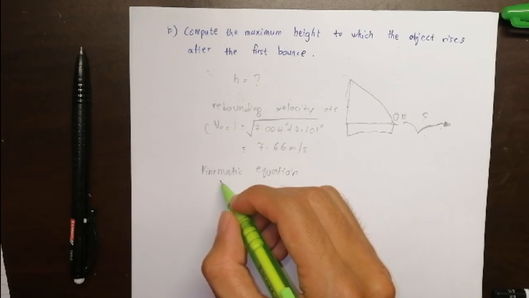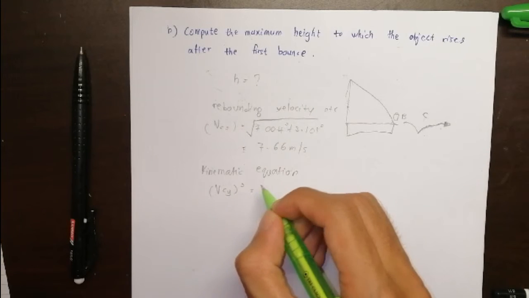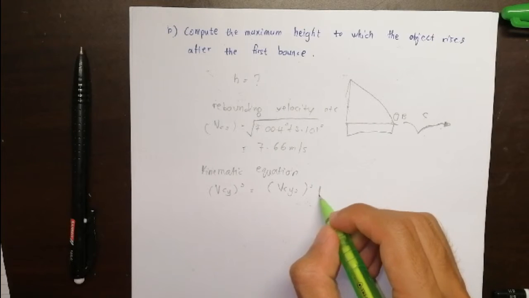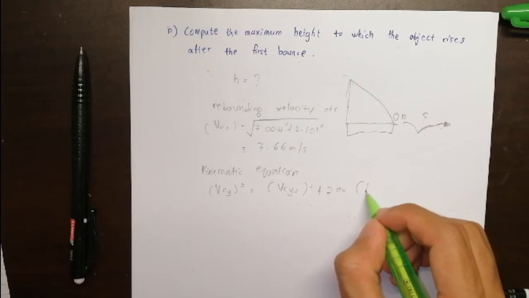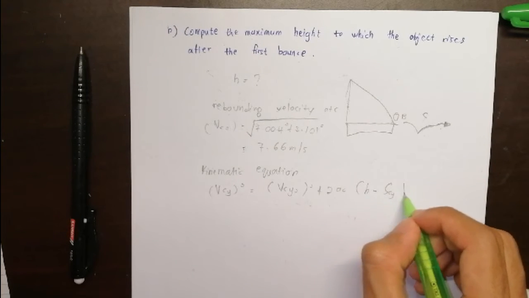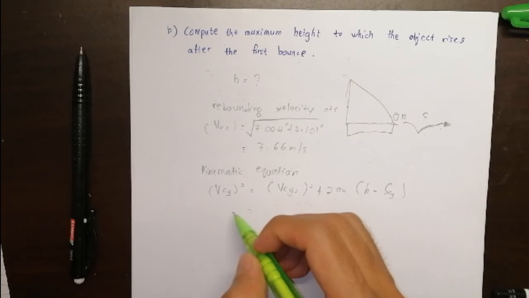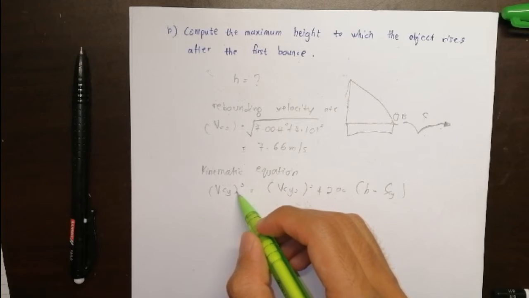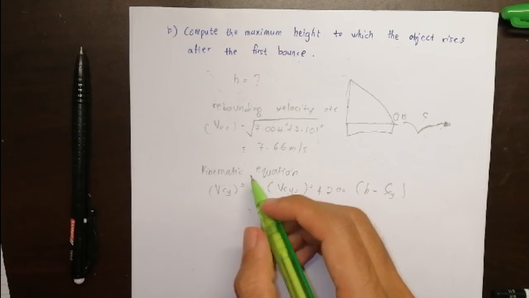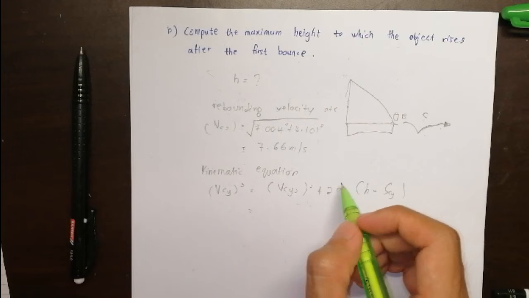So the kinematic equation is vCy squared is equal to vCy2 squared plus 2 a h, where h is the maximum height that we are going to find. First, note that vy here is 0 automatically because the potential energy is at max and the ball is at its highest.